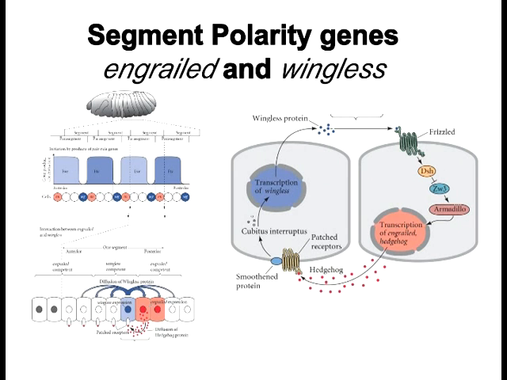Now, at this point of the segment polarity genes, this is where the syncytial nuclei, or the syncytial blastoderm, become cellular blastoderm.